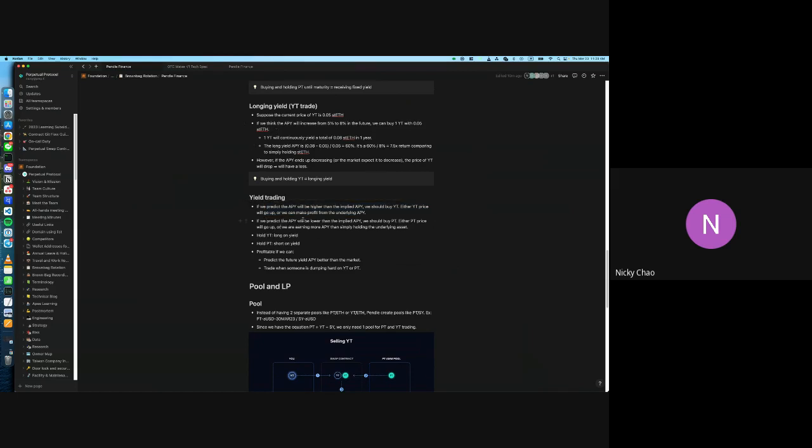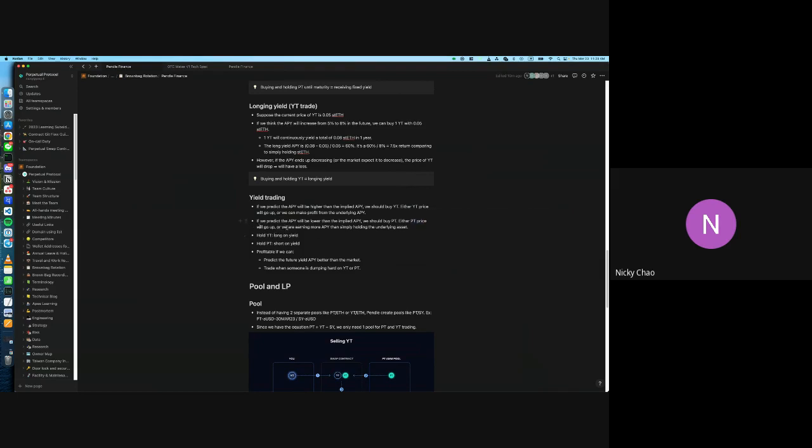And if you predict the APY will be lower than the implied APY, then you can buy PT, because the PT price will go up. The reason is that if the APY goes down, the price of YT will go down, and that means the price of PT will go up.